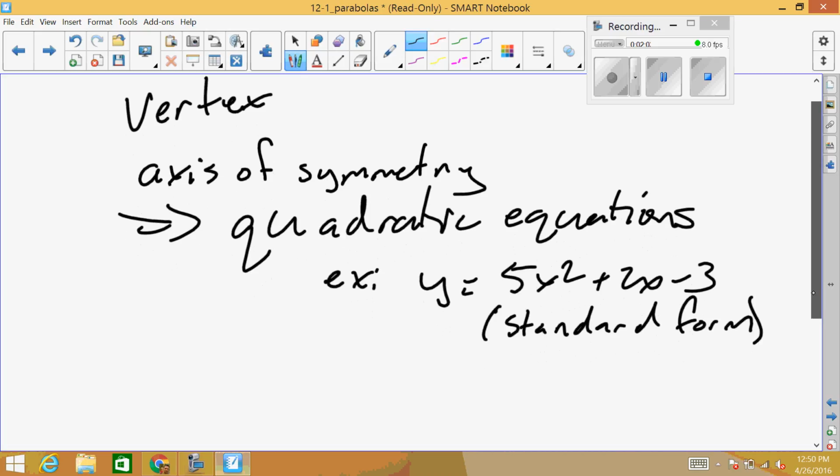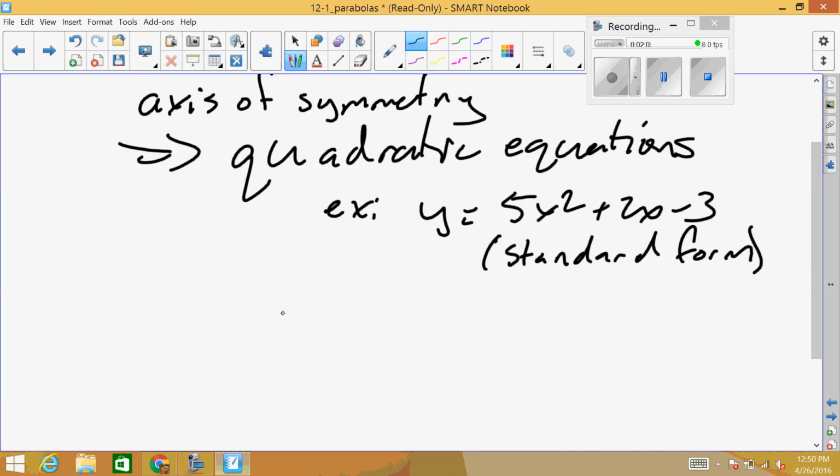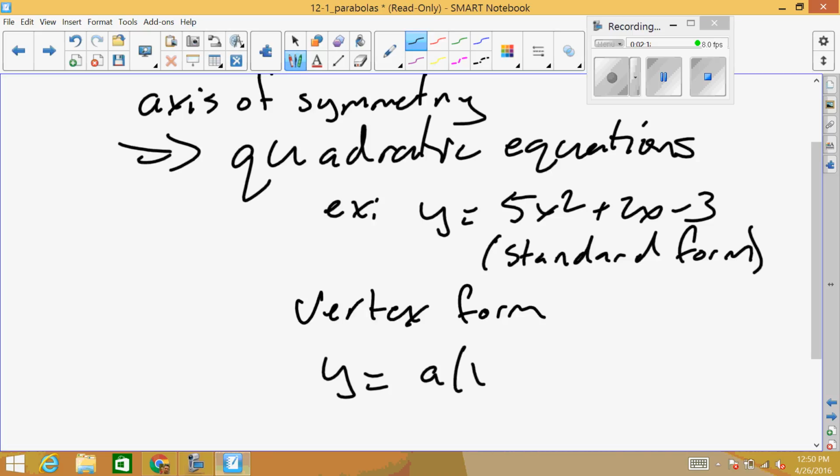Or since we're talking about parabolas, we may use what we call vertex form, or completed square form. If we think back to when we talked about those, I like to call it vertex form because y equals a times (x minus h) squared plus k helps me very easily find the vertex of that quadratic, of that parabola.